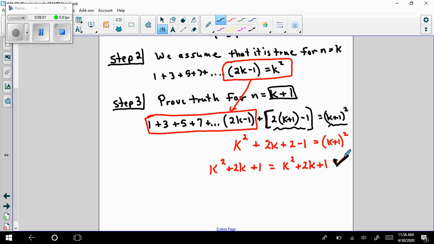So the last step is where you make the final statement by the principle of mathematical induction.